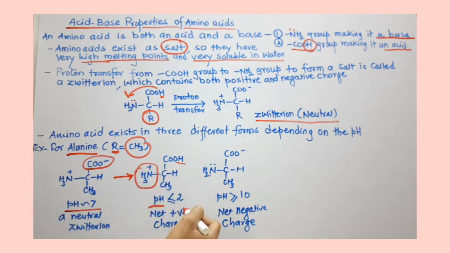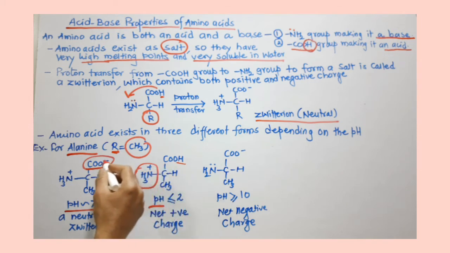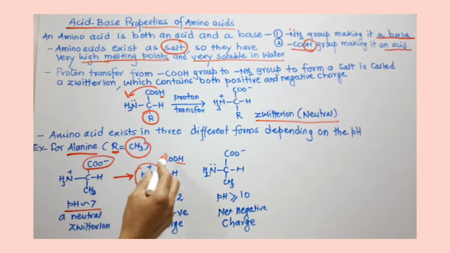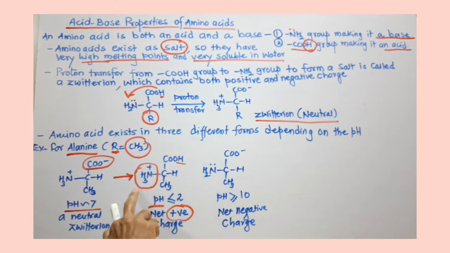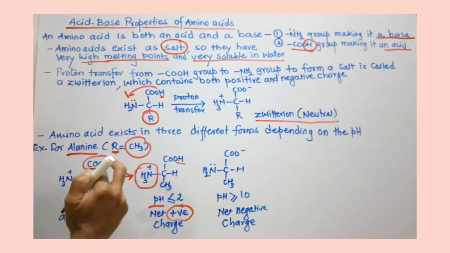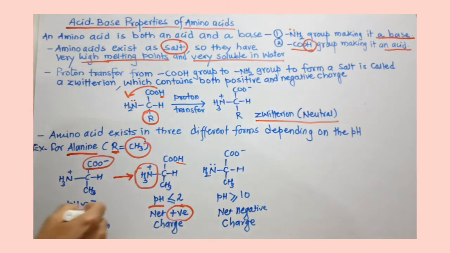So when the pH is less than 7, which is around 2 or less in the case of alanine, the negative charge is gone and the net charge on the amino acid is positive.